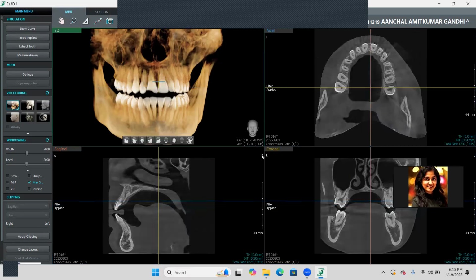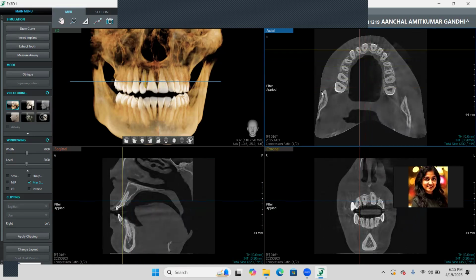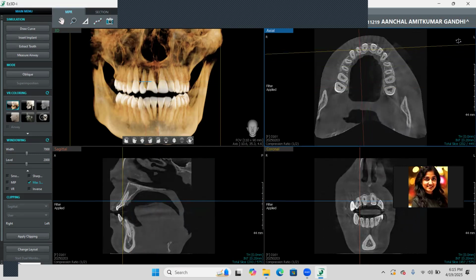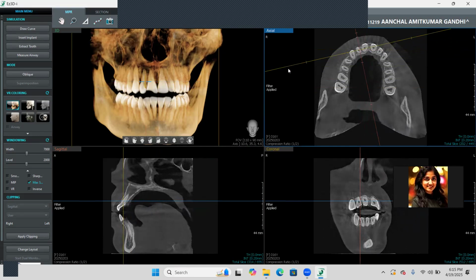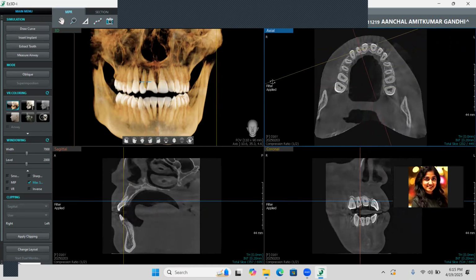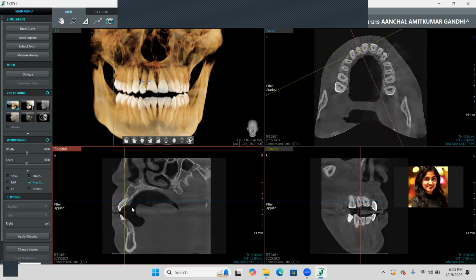We can see other sections as well. So let's see sagittal. To see this in one go, we can just drag this also. We can change the angle of this transverse line so that we can see in the sagittal more clearly.